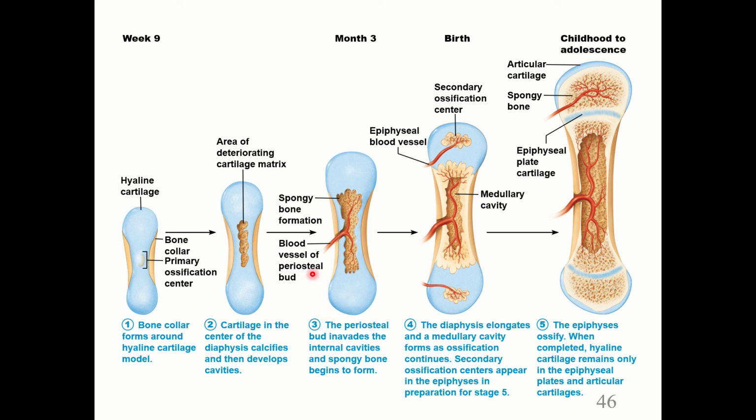So this means the nutrient artery has broken through the periosteum and is now growing into the spongy bone in the interior of the medullary cavity. The bone collar is continuing to lengthen as the hyaline cartilage continues to grow. We're in month 3 at this point of the baby's development in utero.